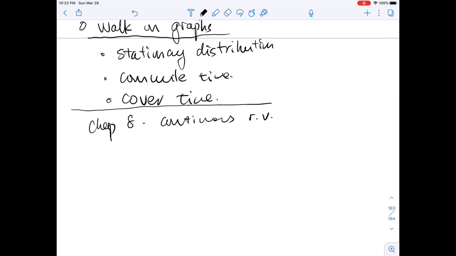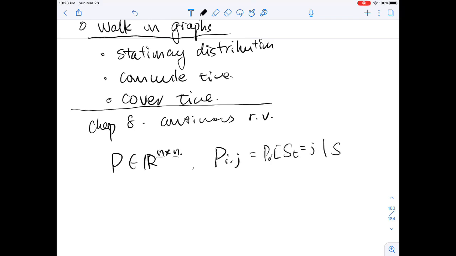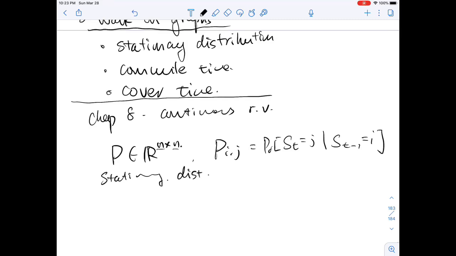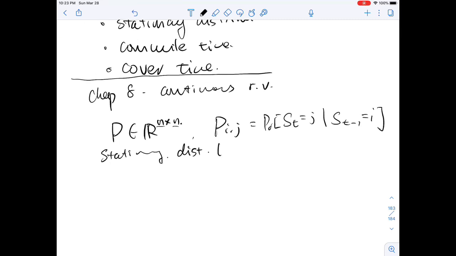Let's wrap up the Markov chain part. Recall that in Markov chain we have a transition probability, defined over the set of states times the set of states. Basically, Pij is the probability that in the next step I'm going to be in j, conditional on having been in i in the past step. The stationary distribution is really just that one stable point associated with the transition probability, that is pi equal to pi times P, where pi is a stationary distribution.